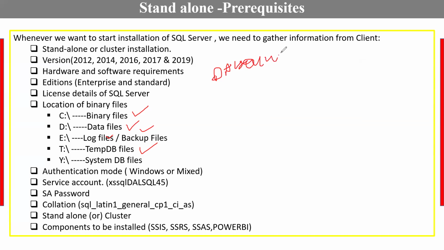What is the best configuration I will do? I will create drives. The drive letters are not very important, sir. What is very important is that you understand the logic.